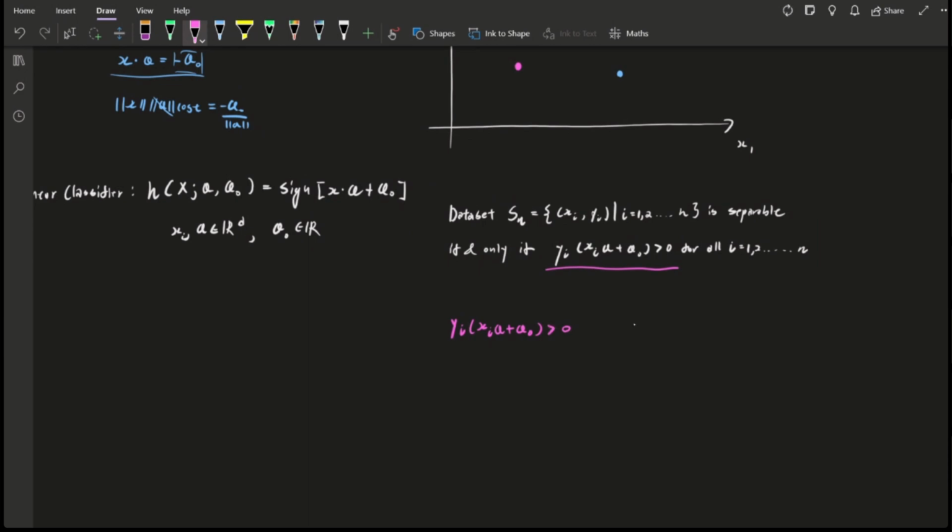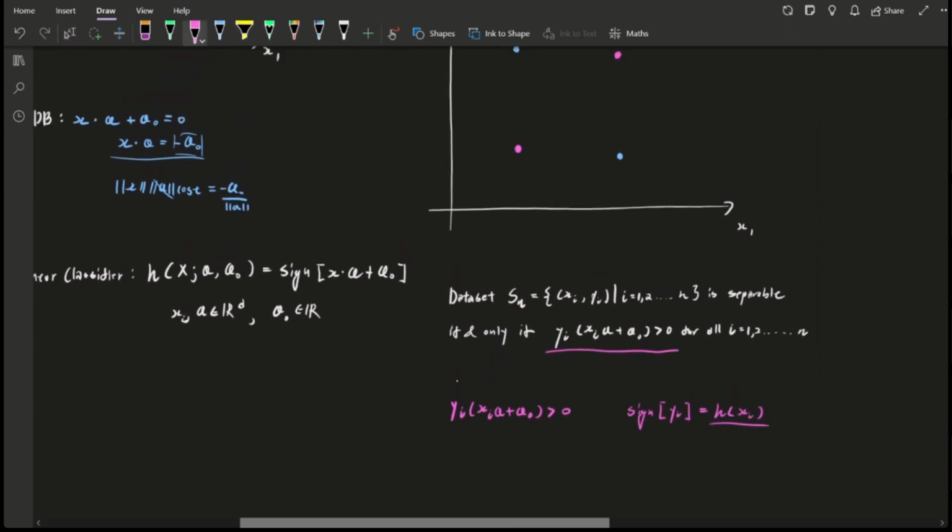And for this expression to actually be larger than 0, you realize that the sign of your label has to be the same as the output of your classifier, right? So they have to output the same sign. That means you're predicting the same class as the label. Okay, so it's a really simple expression which tells you that as long as your prediction is correct for all the samples, then the data samples are linearly separable. Okay, so this formula we're actually going to use to declare our error function.